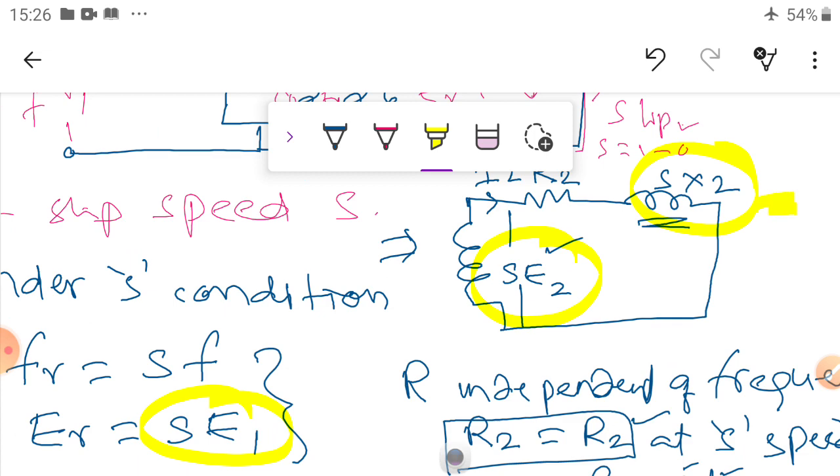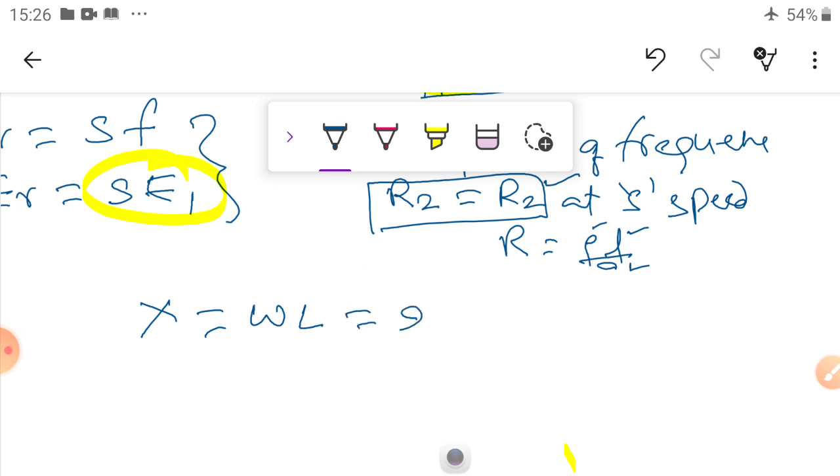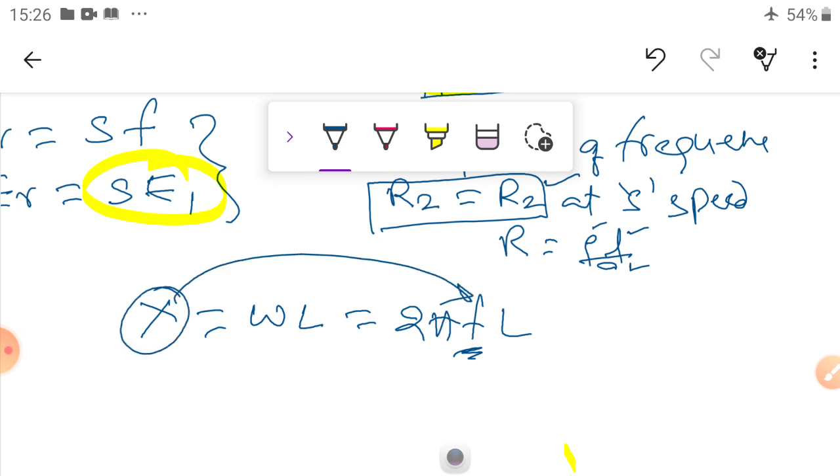Now why is it changed? The inductive reactance X is equal to omega L, that is 2 pi F L, so the inductive reactance depends upon the frequency. The frequency changed from F1 to FR.